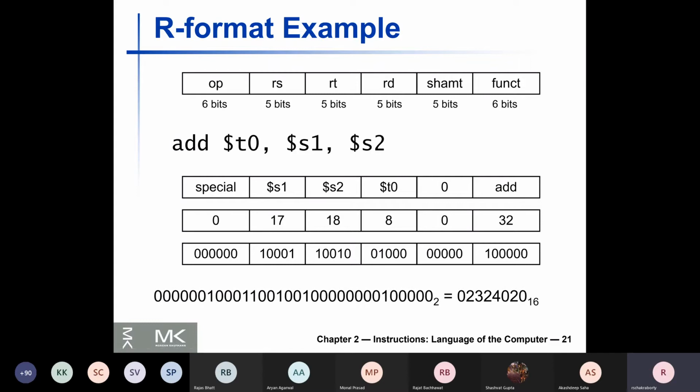If the assembler was not there, then you needed to encode this entire thing in binary and put it inside the computer, and for every instruction you needed to do it. This was the situation for a long time till the 1950s or 1960s.